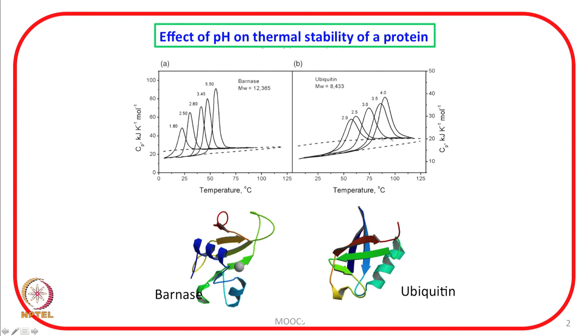And actually, if you see in both the panels, the increase in thermal stability is also associated with the area under the curve. In other words, the increase in thermal stability is also leading to an increase in the calorimetric enthalpy of unfolding.